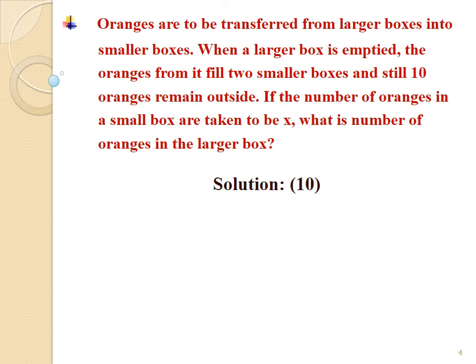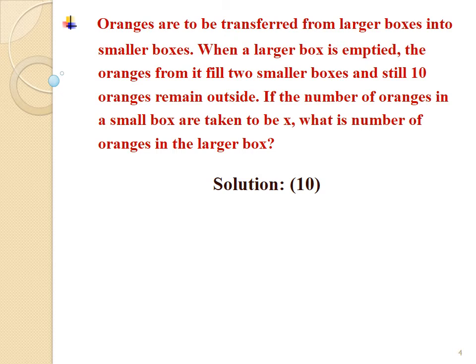Also, we can say that the number of oranges in the larger box will depend on both the number of oranges in the smaller boxes and the number of oranges which remain outside.